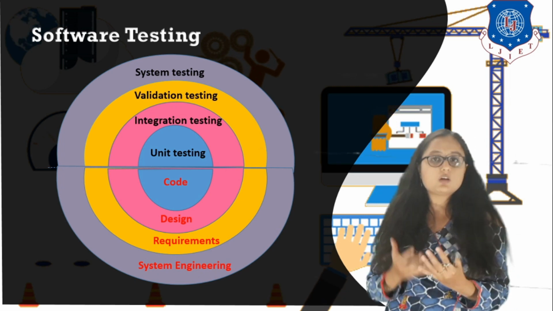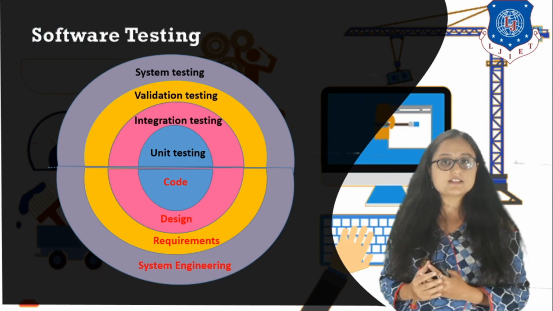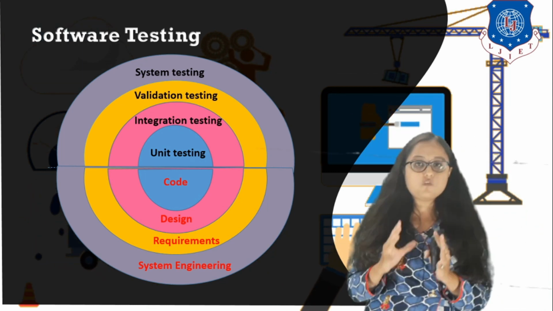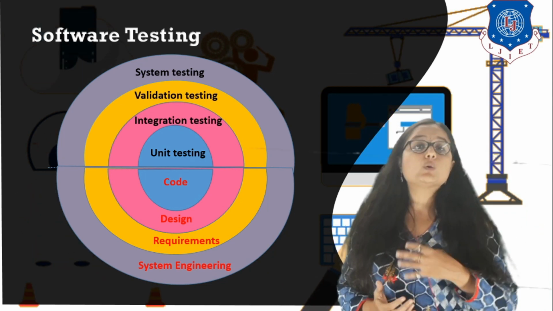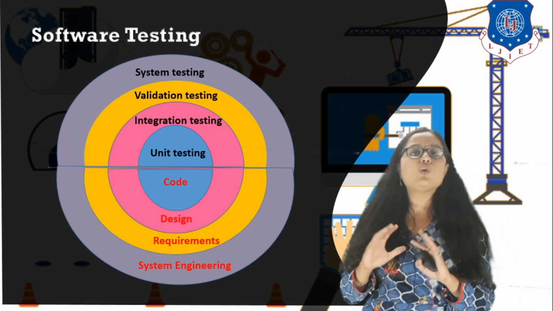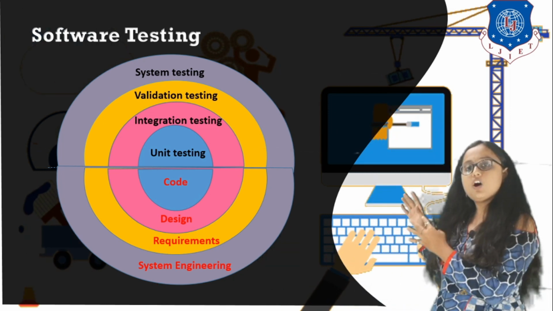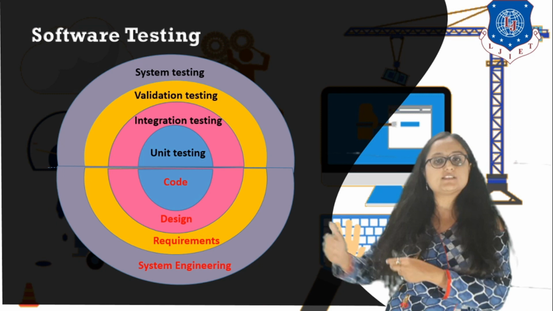Now you may wonder, what actually happens in system testing? In system testing, the overall security is tested. You can say the system is tested for any failures, or the overall performance of your system is tested, right? So this is all about the different types of testing strategy.